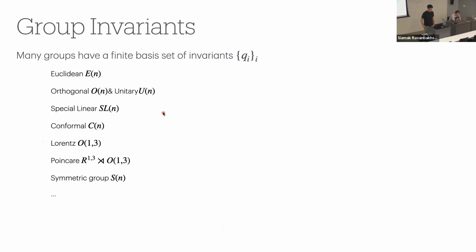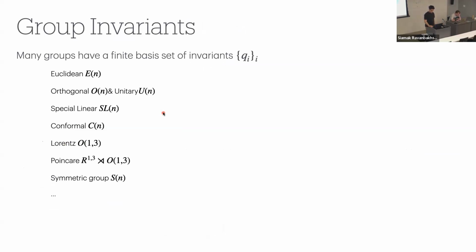This was the idea. The idea uses group invariants. For a large number of groups, these are called reductive groups. That includes the classical Lie groups, the continuous groups that we care about, and all the finite groups.